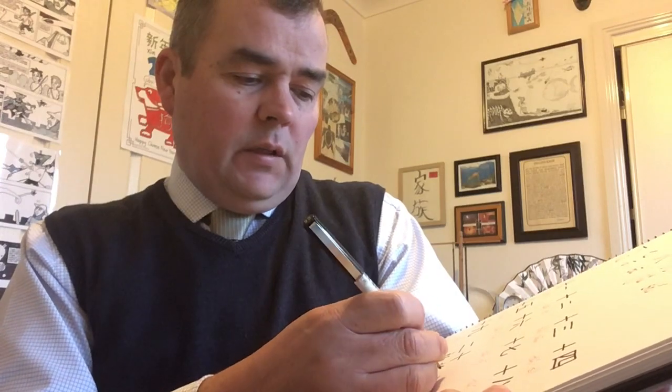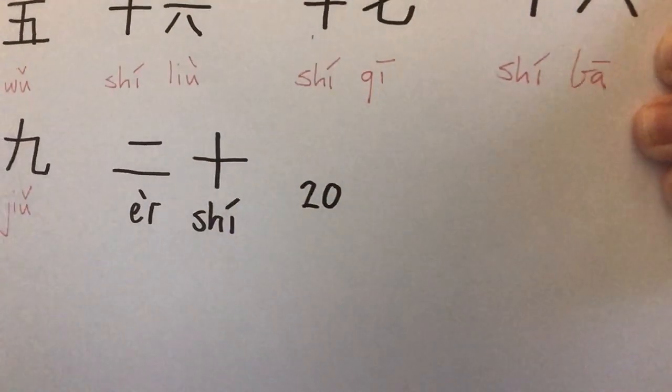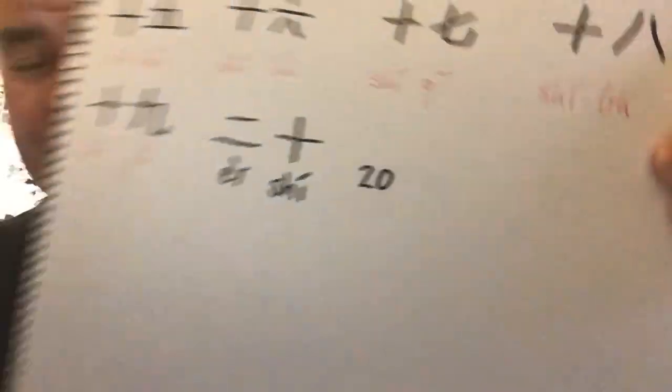I'll just write it down underneath. And I'm going to write the number 20 next to it in the numbers that we use. When you're starting to look at 2-digit numbers in Chinese, you actually need 3 characters most of the time. Let me show you.